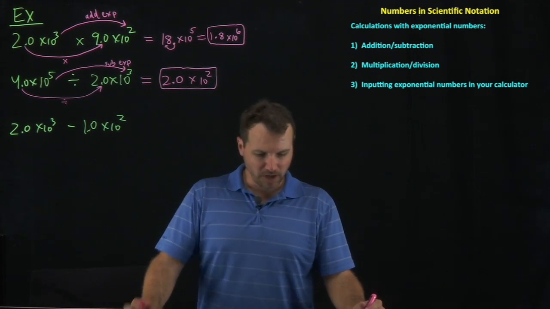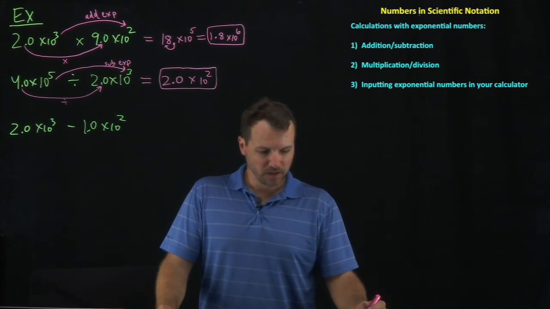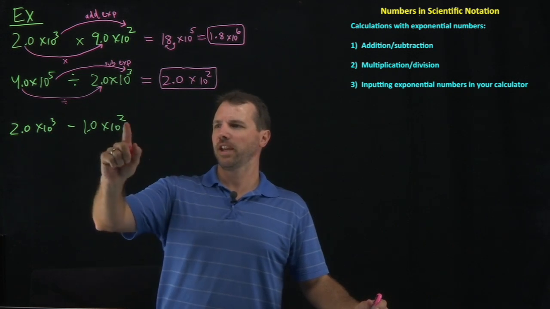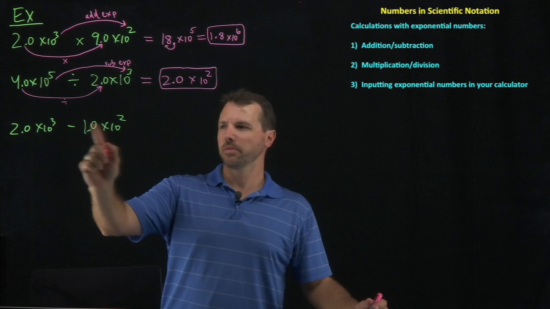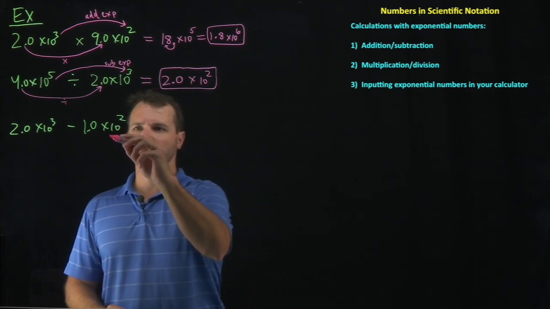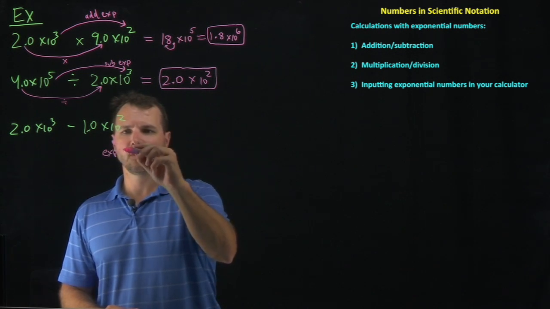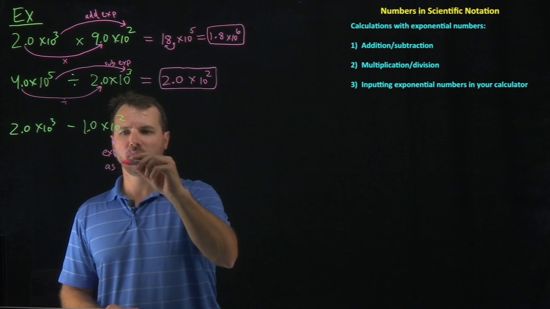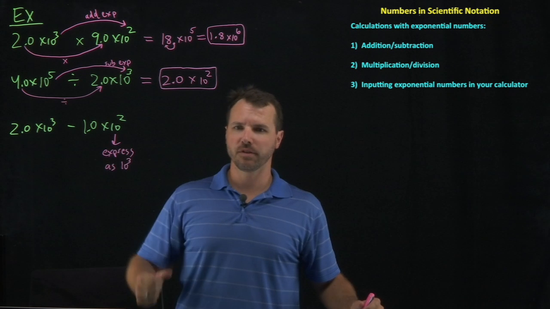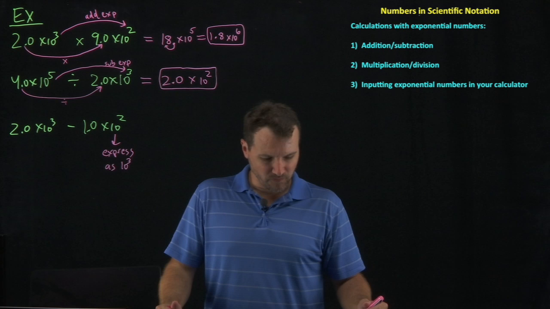All right, finally, let's say we want to add or subtract two numbers. The trick here is you can't add or subtract numbers if the exponents aren't the same. So we would want to change that number so that we can express it as a 10 to the 3rd power, so that it now matches the first number.